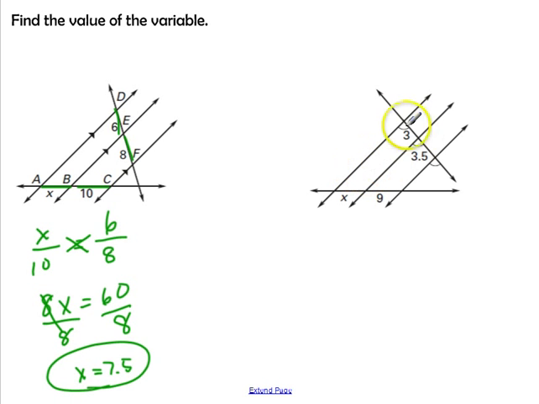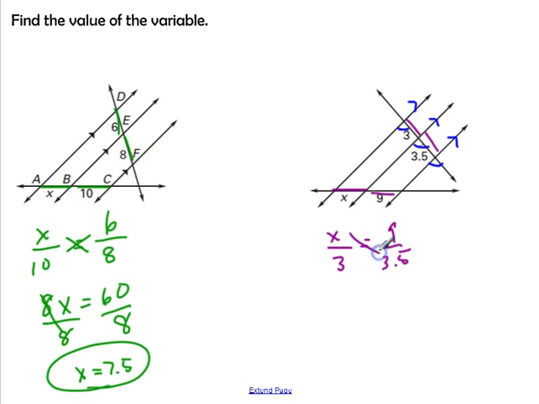In the second example, we know that the lines are parallel because all the corresponding angles are congruent. So by the corresponding angles postulate converse, we can say that the 3 lines are parallel. And now we can use the corollary to the side splitter theorem. So this one I'm just going to set up in the other proportion. If we put x over 3, that corresponds to 9 over 3.5.